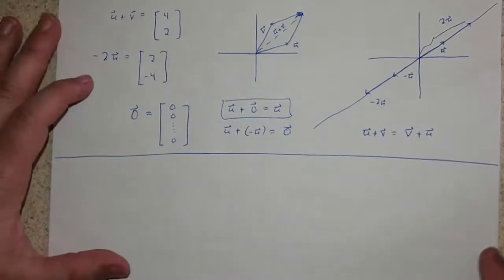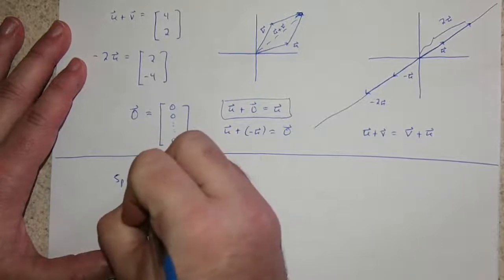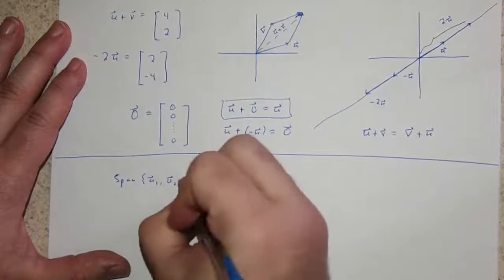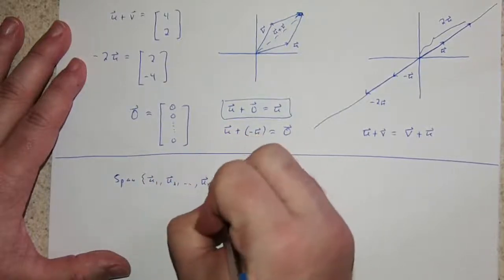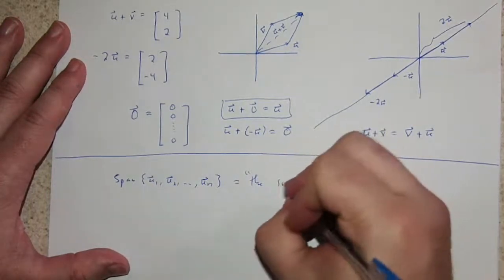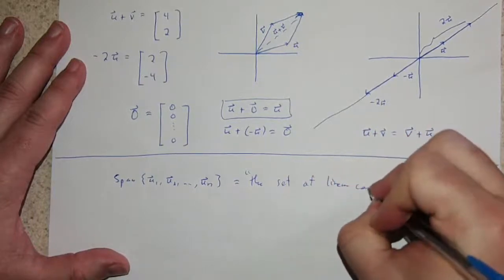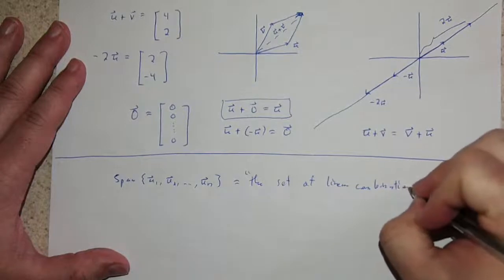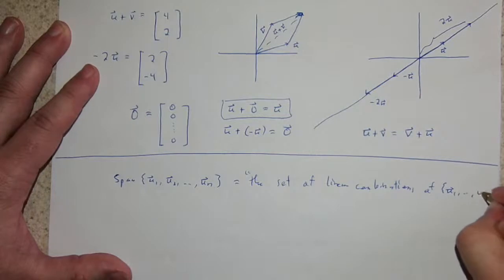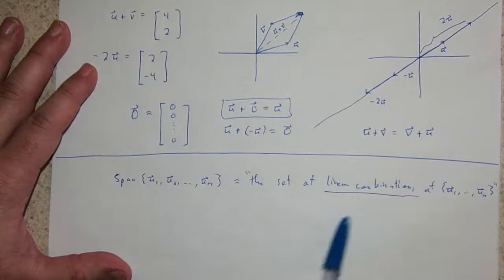Now, quickly, let's talk about, what is the span of a set of vectors. So if I have a bunch of vectors u1 to un, what is the span of these things? This is the set of linear combinations of the vectors u1 to un. What is a linear combination?